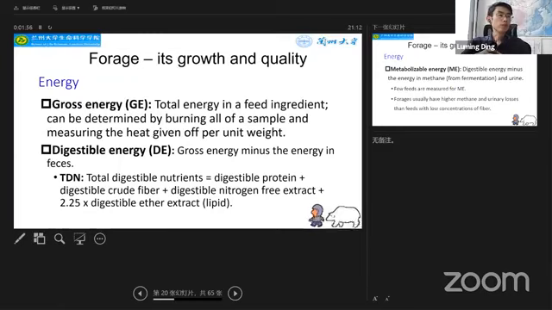There's another definition, TDN, total digestible nutrients. It equals digestible protein plus digestible crude fiber, plus digestible nitrogen-free extract, plus 2.25 multiplied by digestible ether extract. So the TDN can be calculated.